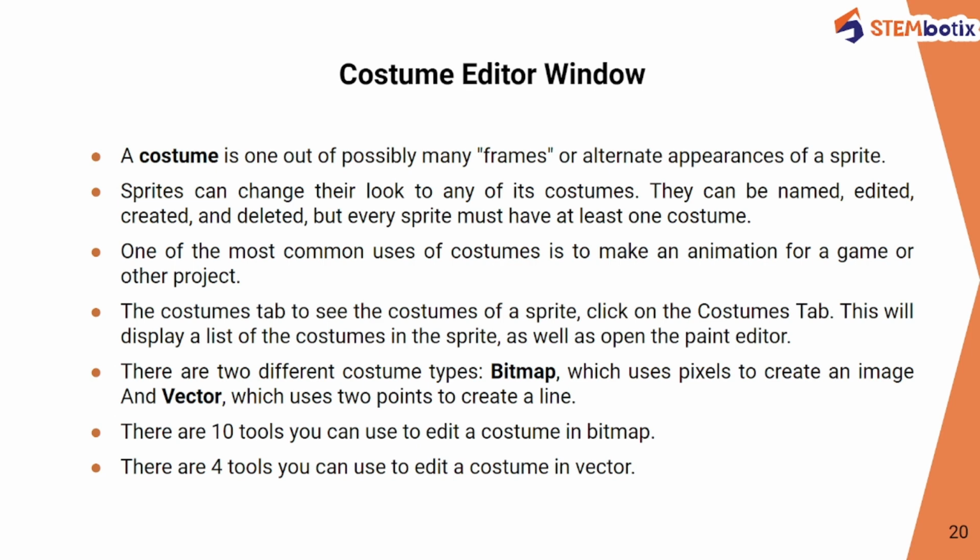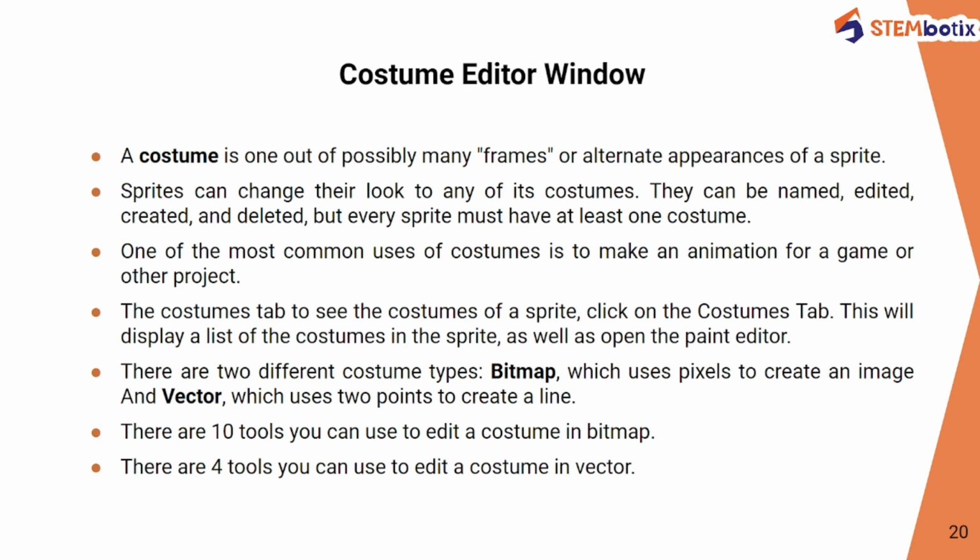One of the most common uses of costumes is to make an animation for a game or other project. So these different costumes are there to create a game or story or any kind of project. The costumes tab is used to see the costumes of a sprite.